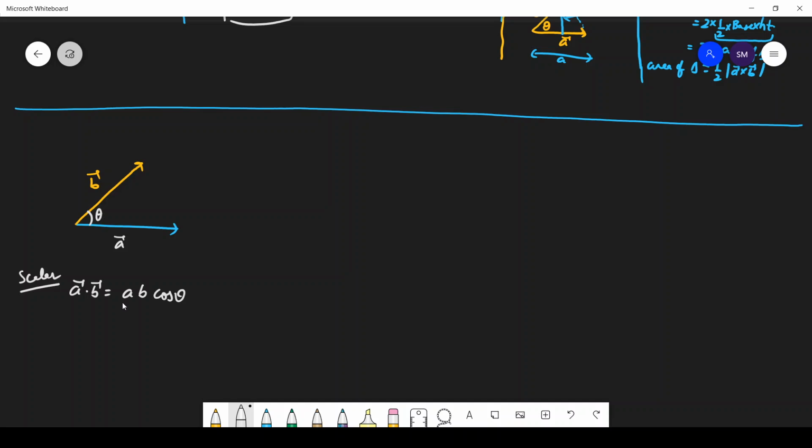This is only a number on this side, so obviously this is also a number on this side. So it's a scalar, and we get here the scalar quantity.